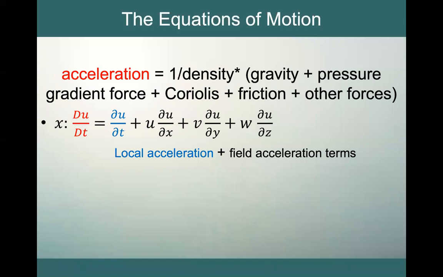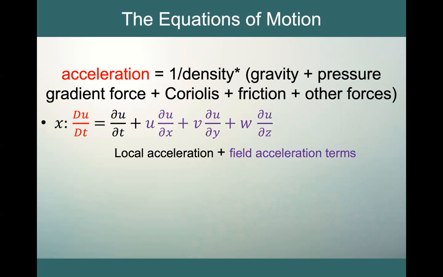The very first term here, ∂u/∂t, that is what we call our local acceleration. That's if we were just floating along with the water parcel, that's how it is changing in time. The other terms, these terms here are our field acceleration terms.